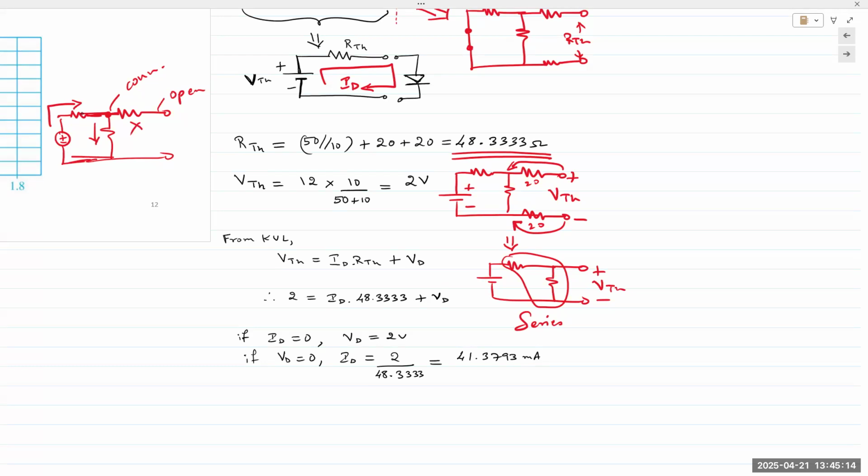Nothing's going to go here because there's no pathway for the current to flow through. If there is no current flowing through that open resistor, that means the voltage drop across that resistor is 0. If the voltage drop is 0, that means both ends of the resistor are at the exact same electric potential. So this point and this point are the exact same potential.